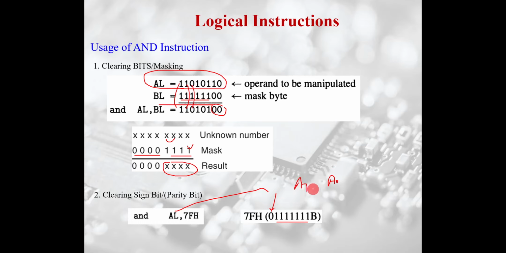All these bits A0 to A6 don't get affected because you are doing AND with 1, so whatever is the content of AL doesn't get corrupted. Whereas since you are doing an AND operation with 0 in the A7 bit, a 0 will be forced. So you are clearing the sign bit, forcing a 0 into the most significant bit.